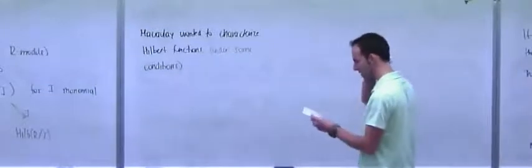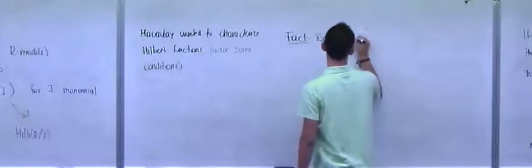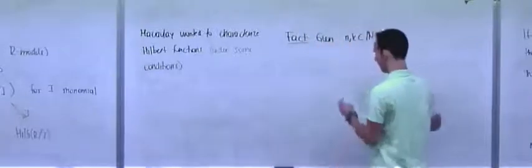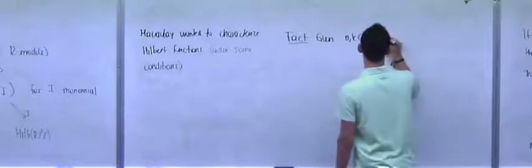But the answer takes a little bit of work. We have to say a couple of things before we can state what the answer is. So here's a fact. Given positive integers n and k, there's a unique expression like this.